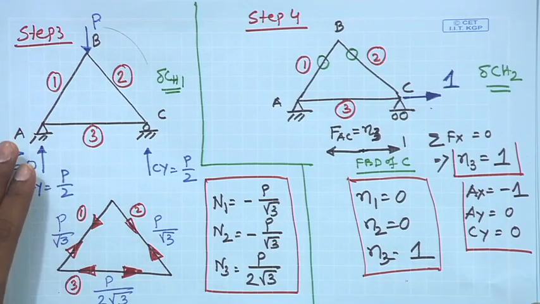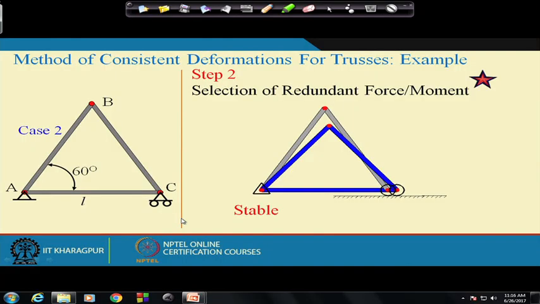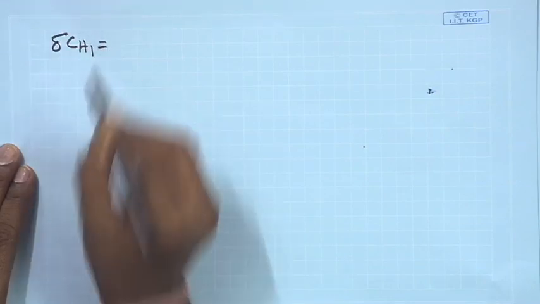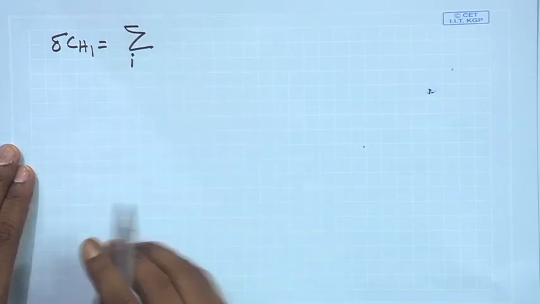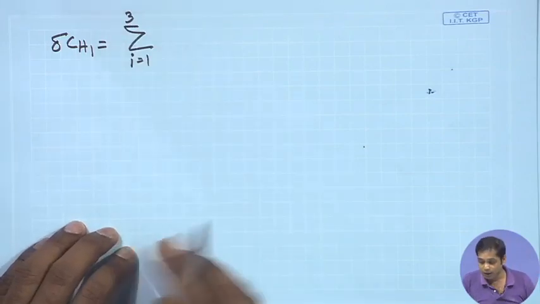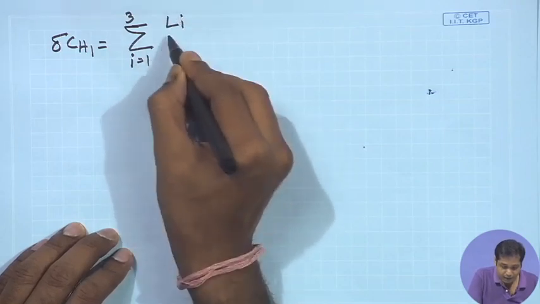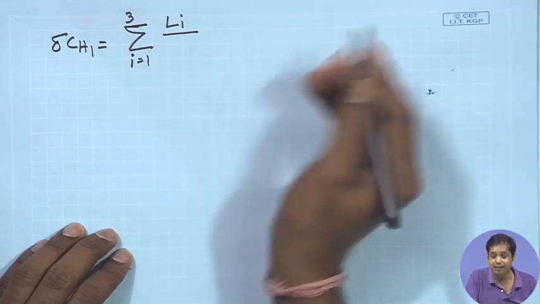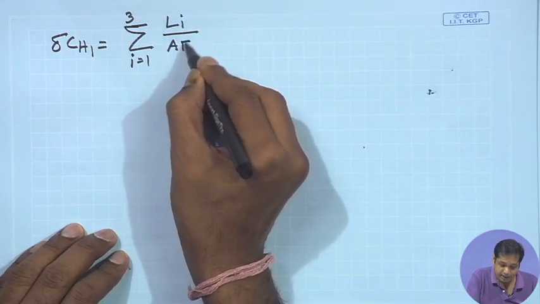unit load method, and if you remember, the unit load method says that delta C H 1 will be the summation over i from 1 to 3, because there are 3 members, of Li divided by AE, but in this case the cross sectional area and Young's modulus are constant, so we can write AE here.